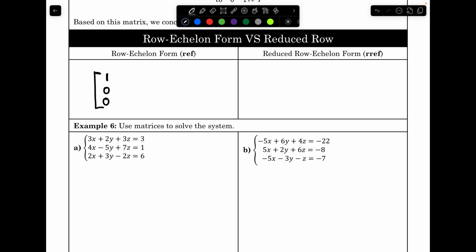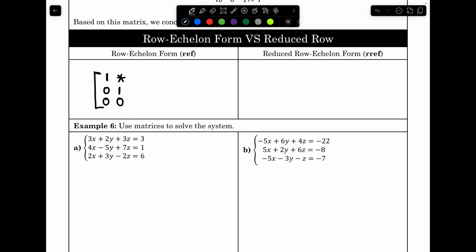Then the second column would have the first element in the top row be some random number, the second element be 1, and the number at the very bottom be 0.